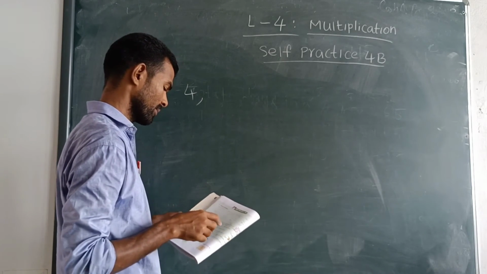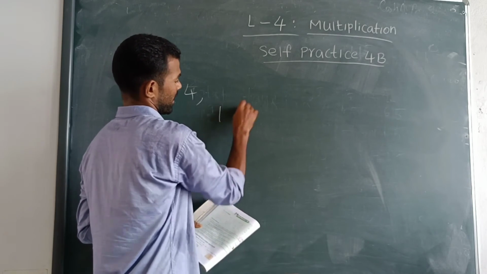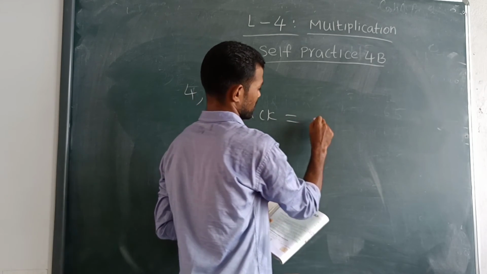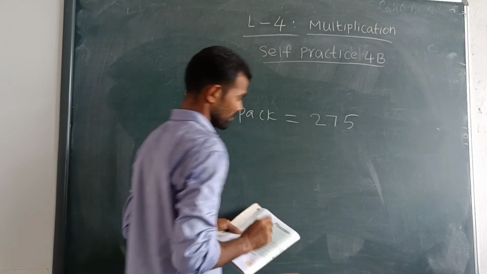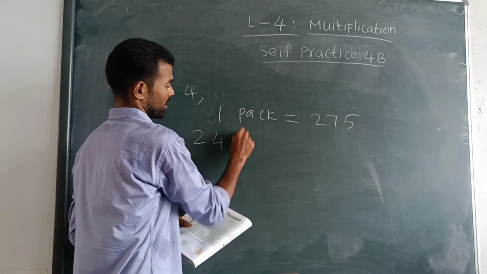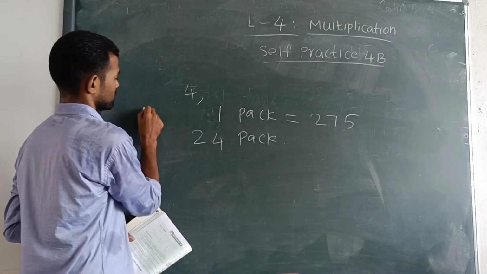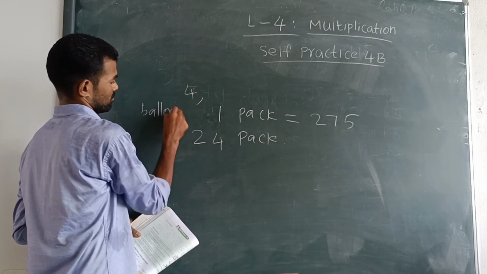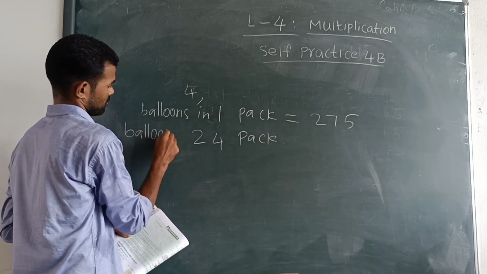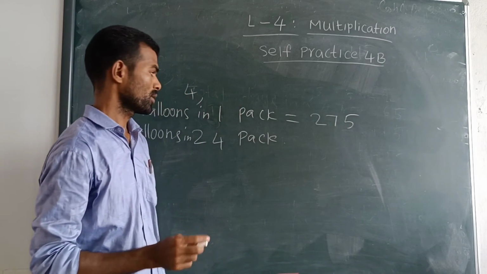There are 275 balloons in one pack, and in 24 packs, 2 dozen means 24. Balloons in one pack 275 and balloons in 24 packs.